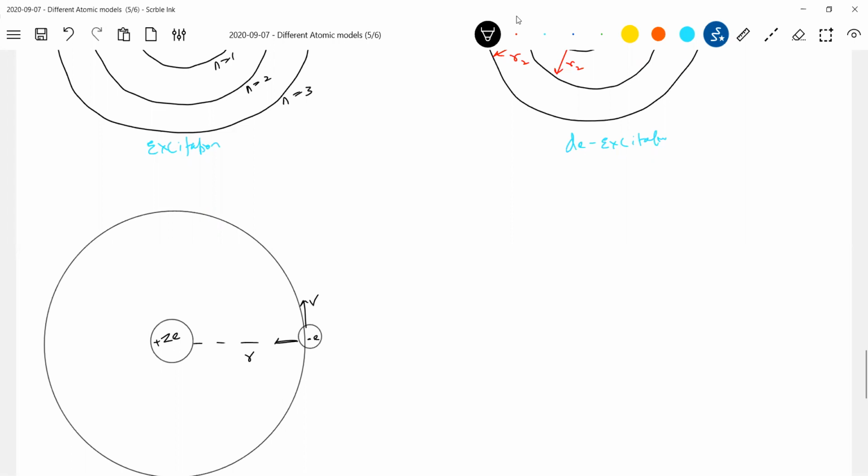Who will provide the required centripetal force? The electrostatic attractive force provides it. So Fe is equal to mv square by r, and Fe is Z e square by 4 pi epsilon naught r square. This is equation 1. On the other side, angular momentum is quantized.